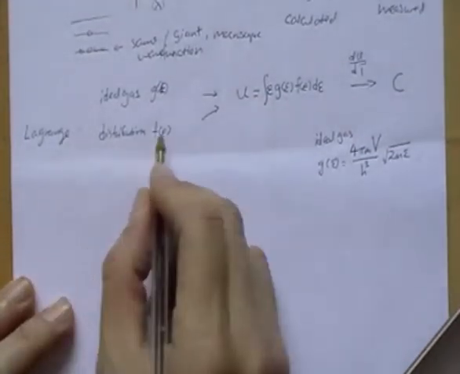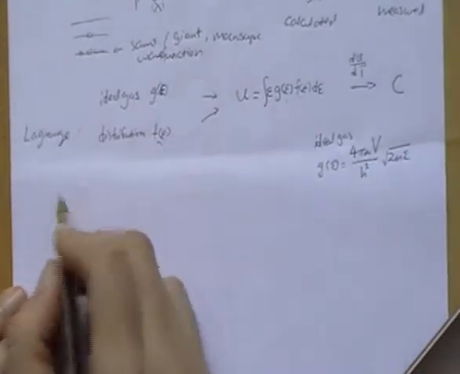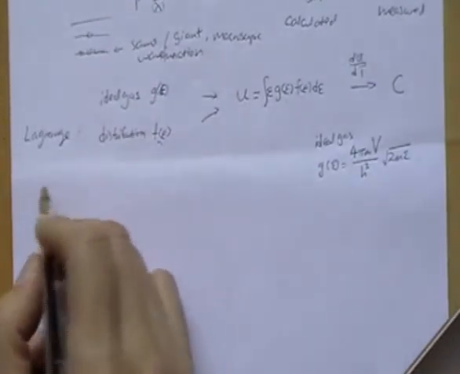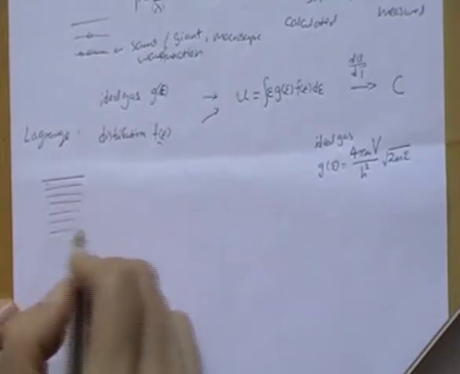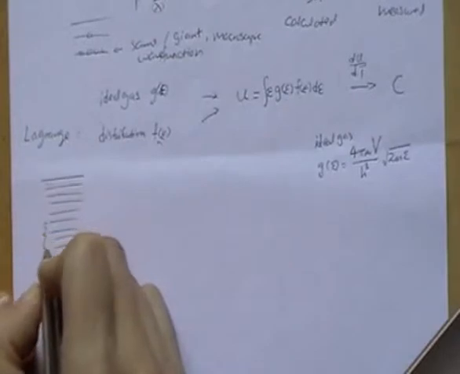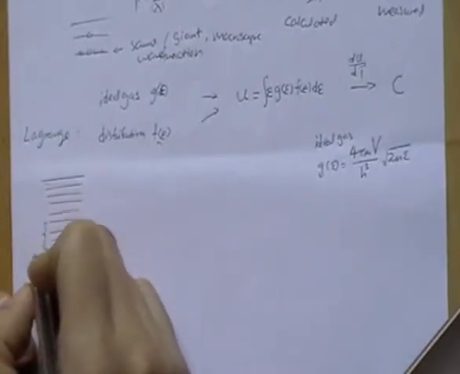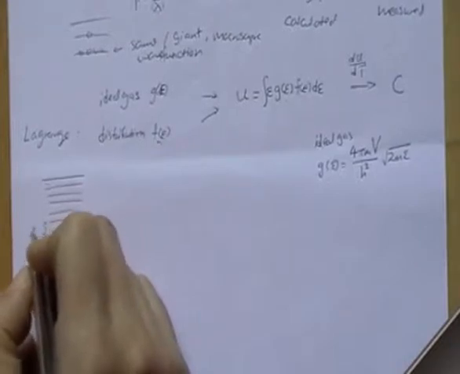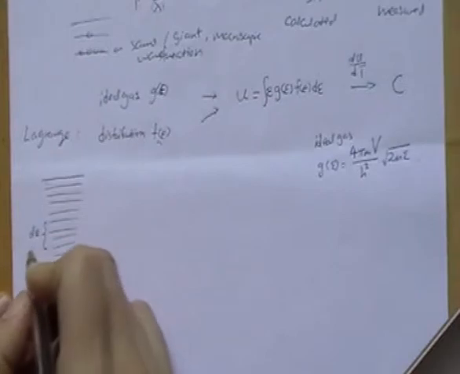So let's start on the Lagrange method to derive this. Now the method is the same as for the ideal gas. Imagine lots of energy levels, and we'll consider one interval, delta E. Suppose that this is centered at the energy E_i.